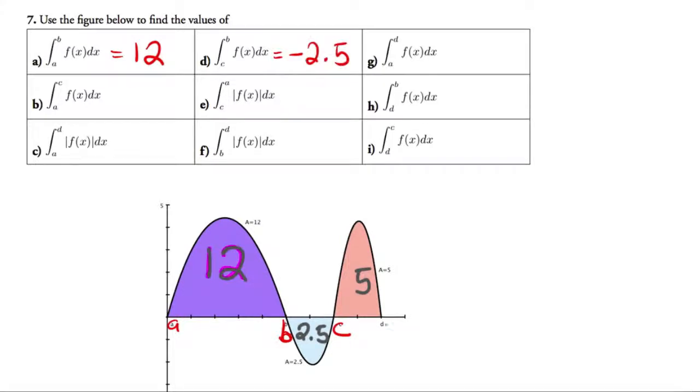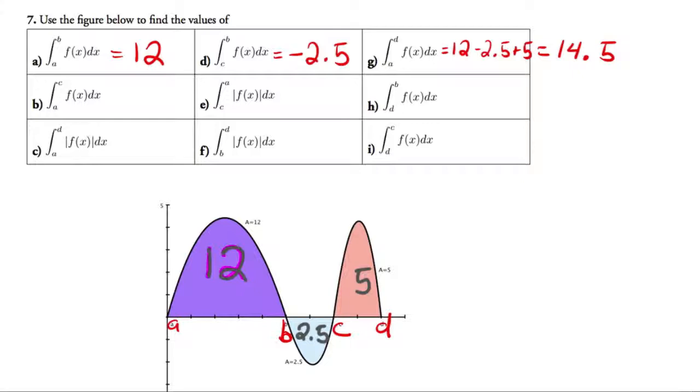And then from a to d, so that's the entire thing. Well, this is going to equal 12 minus 2.5 plus 5, because this one is going to be negative. So this is 17 minus 2.5, that's 14.5.